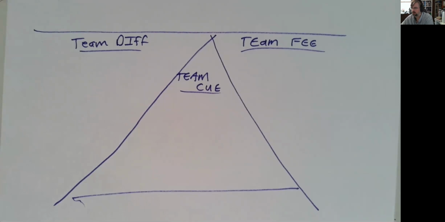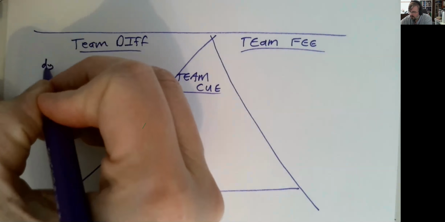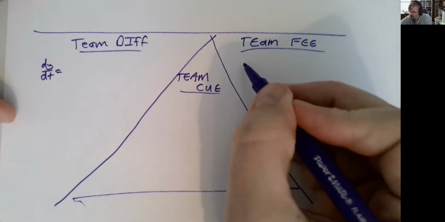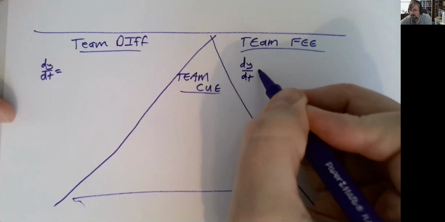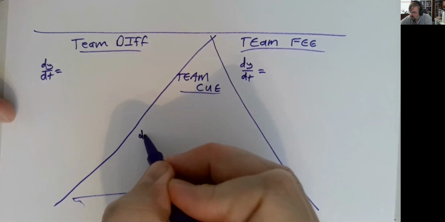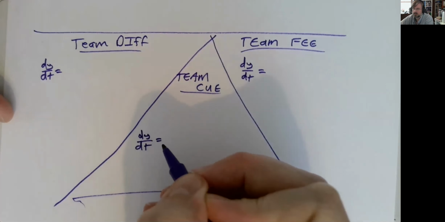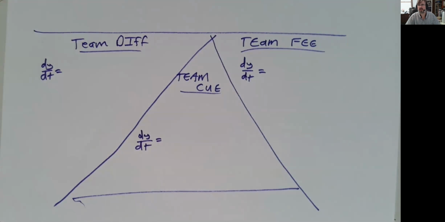So for example, for each one of the teams, fill in the blank. Give me an equation that should produce the slope field that we want.